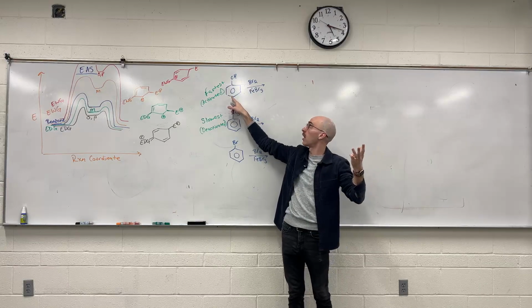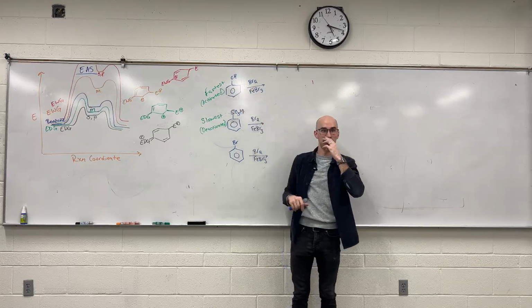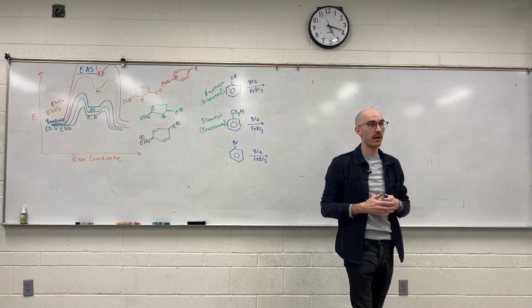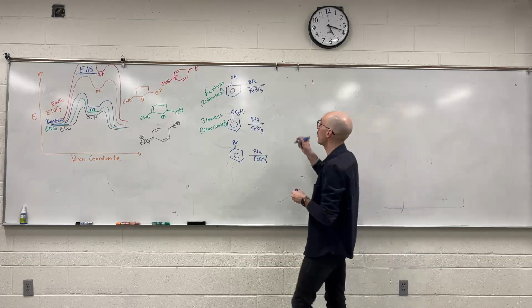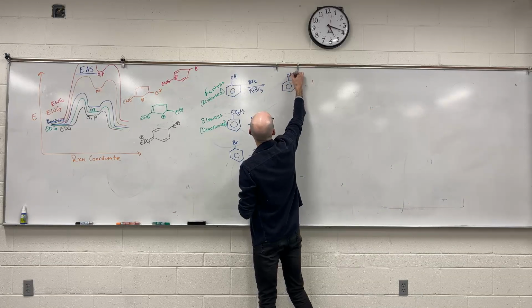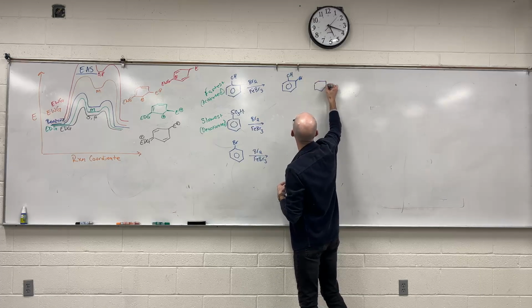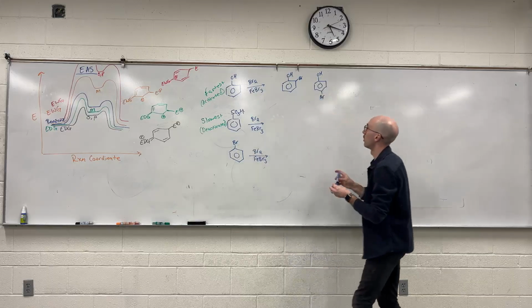Will it activate the ring ortho and para? Or will it activate the ring meta? Ortho and para. So I can expect two major products. Ortho-bromo-phenol and para-bromo-phenol.